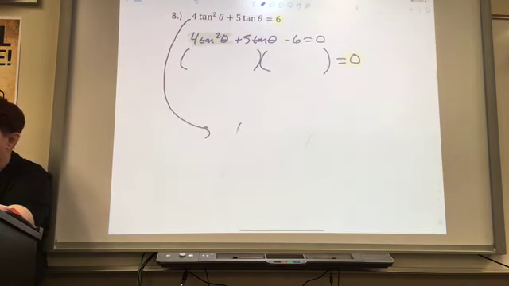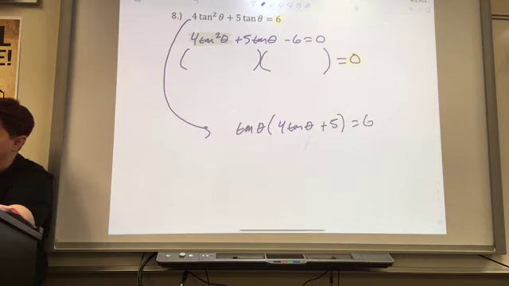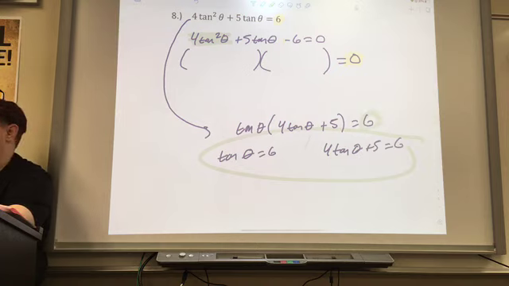Okay, check it out. Leave the 6 there, take a tangent out, right? And this would say 4 tan theta plus 5 equals 6. And then you want to say, okay, so that means tangent equals 6, and 4 tangent theta plus 5 equals 6. That's incorrect. The only time we can do this is when that's a 0.